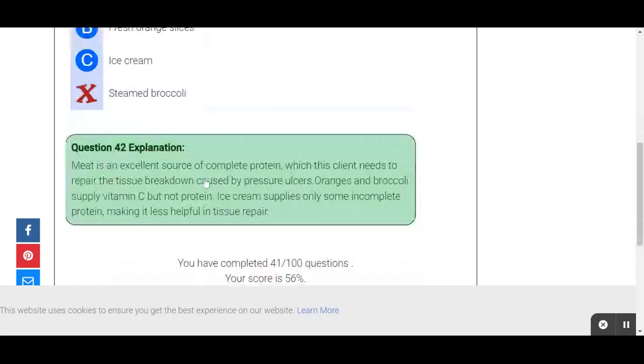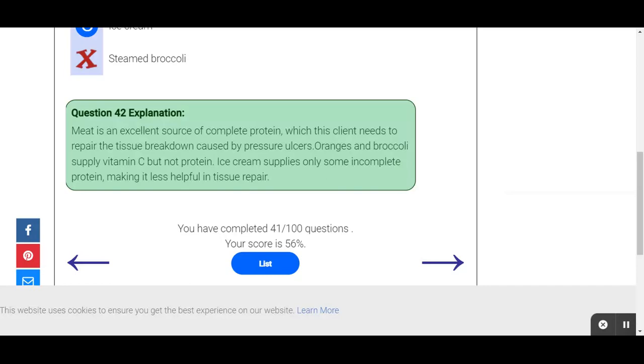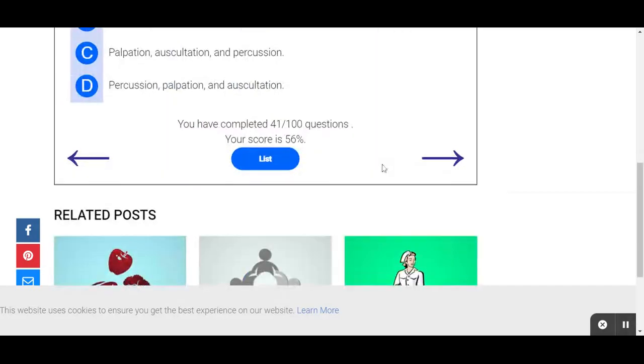Ground beef patties, protein. Meat is an excellent source of complete protein, which this client needs to repair the tissue breakdown caused by pressure ulcers. Okay, meat. Oranges and broccoli supply vitamin C but not protein. That is true. Ice cream supplies only some incomplete protein, making it less helpful in tissue repair.